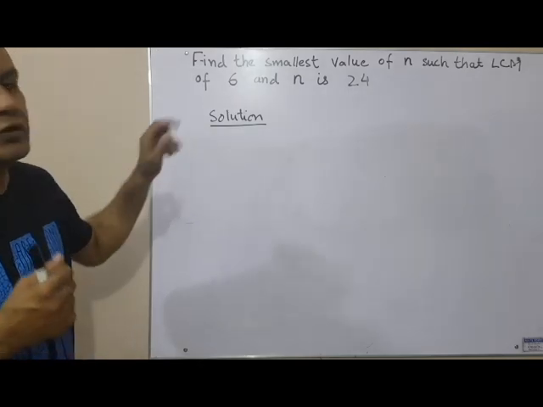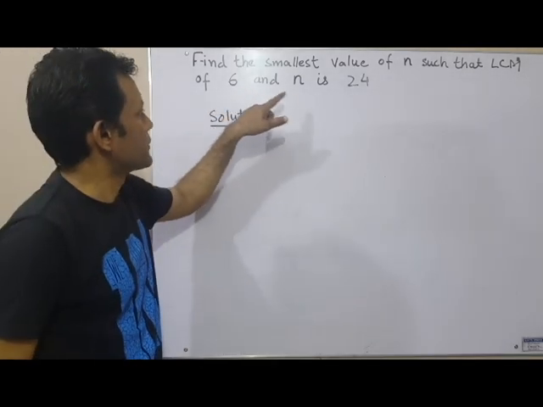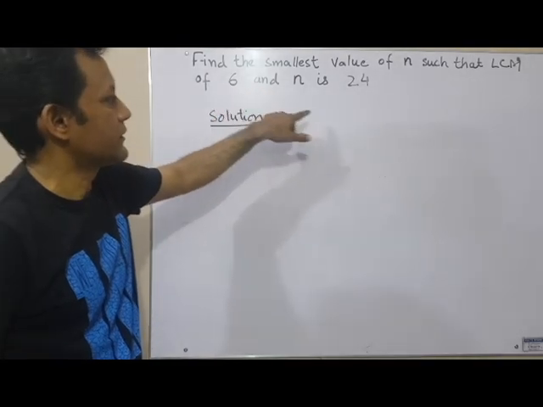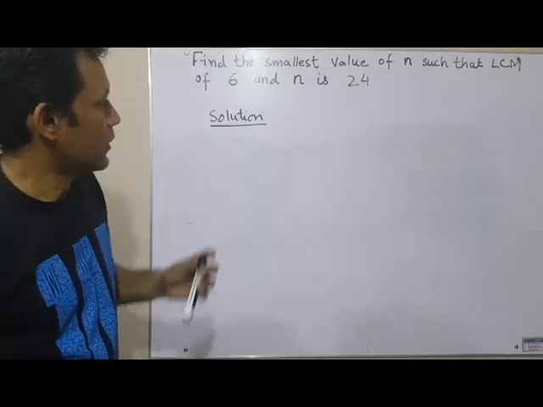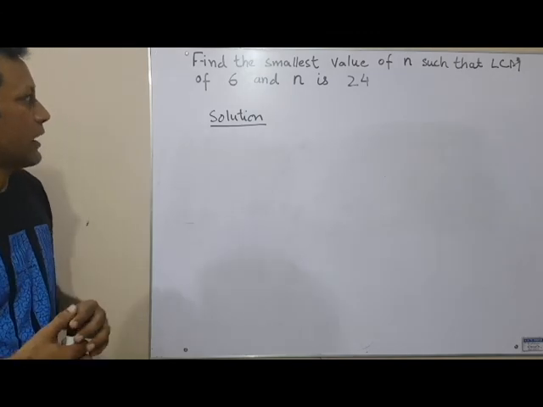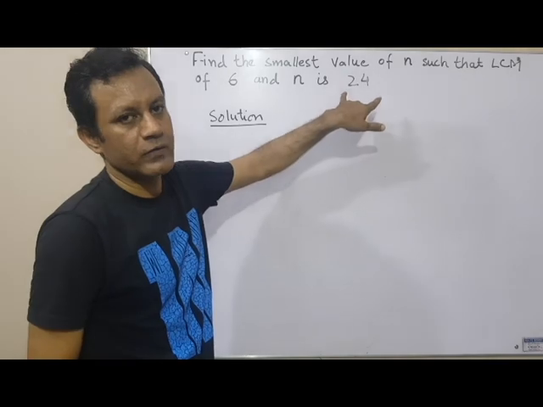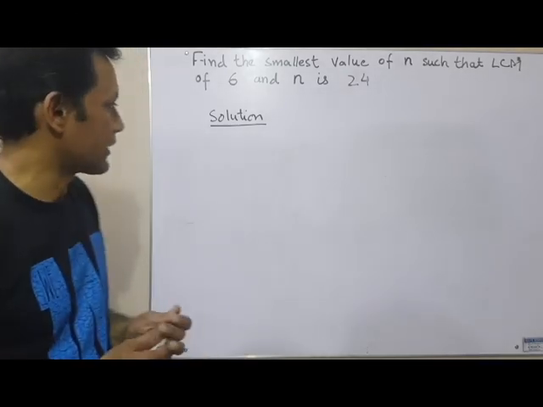We have two numbers. One is unknown, which is represented by n, and the other number is 6, and their LCM is 24. To solve this problem, we will find the prime factors of one number, which is 6, and the prime factors of the LCM, which is 24.